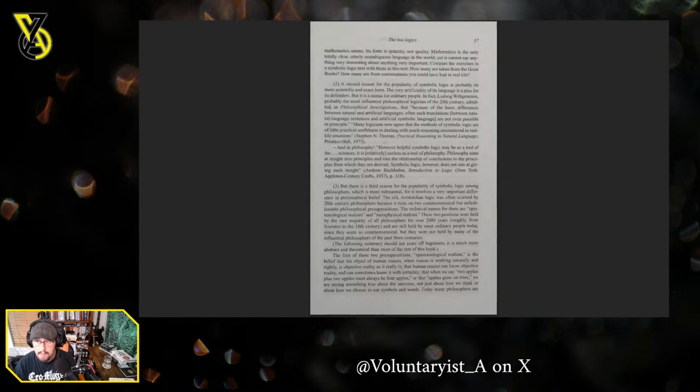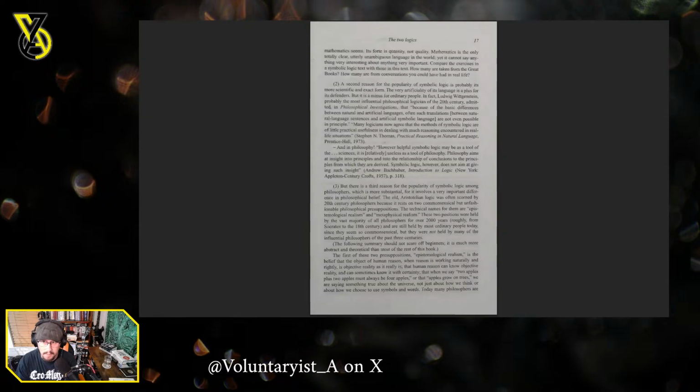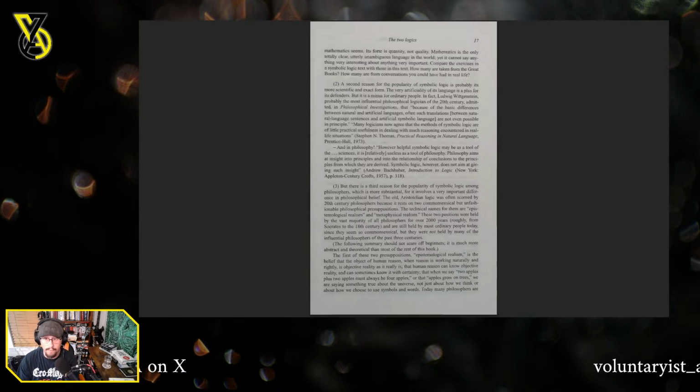Mathematics is the only totally clear, utterly unambiguous language in the world. Yet, it cannot say anything very interesting about anything very important. Compare the exercises in a symbolic logic text with those in this text. How many are taken from the great books? How many are from conversations you could have had in real life?